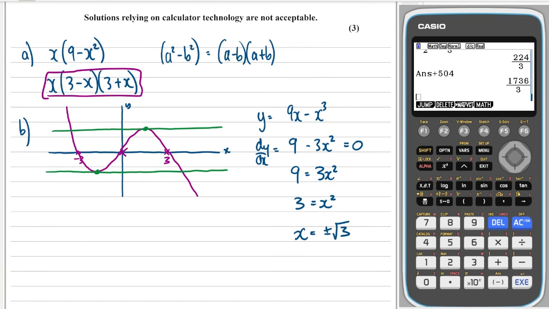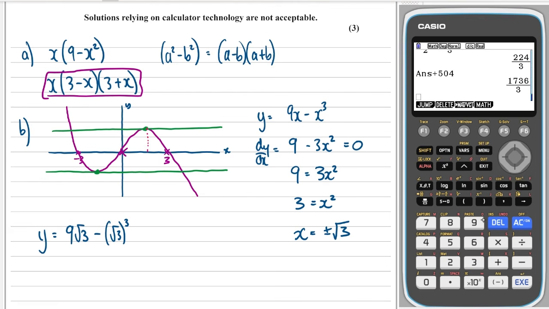Okay, the x coordinate is useful, but actually what we really want is the corresponding y coordinate. So we need to sub one of these x coordinates into the original equation. So the original equation here is y is equal to 9 times x, so we'll do 9 times root 3 minus root 3 cubed.